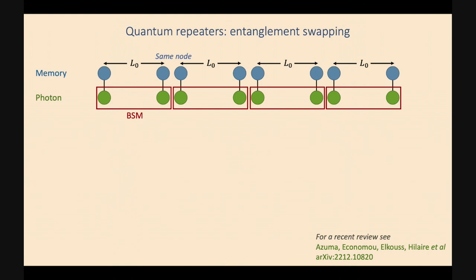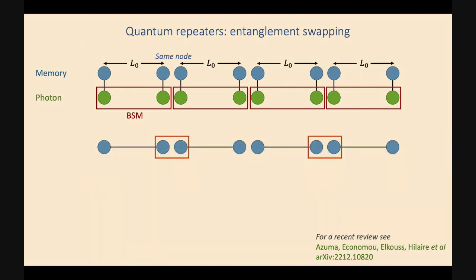The photons are shown in green here. And the BSM denotes Bell state measurement. So that's where the photons are measured. When that measurement succeeds, then you connect, like shown over here, you entangle qubits that are far away. And now you've cut the distance a lot. So you can, in principle, make these nodes very closely separated, several kilometers away.